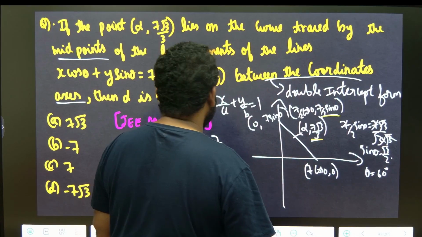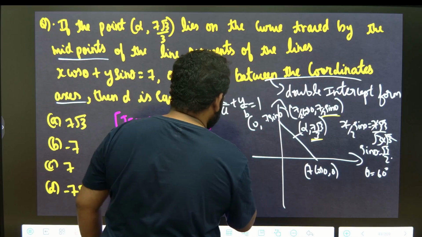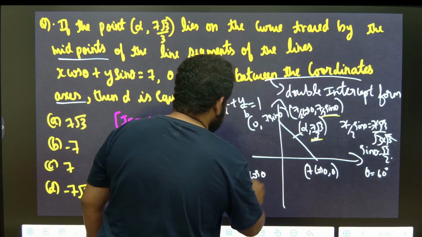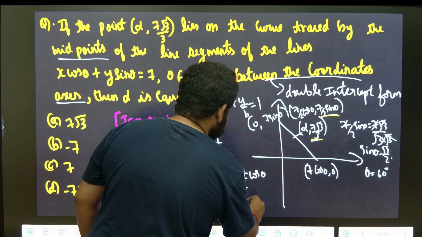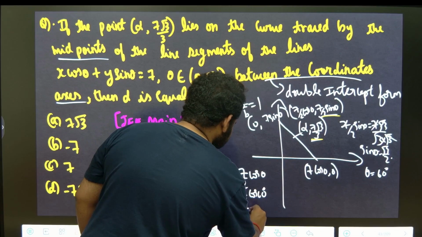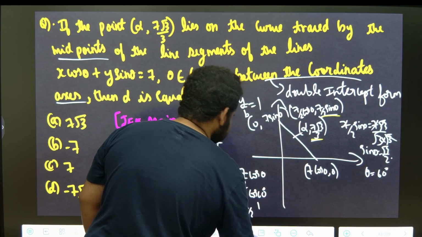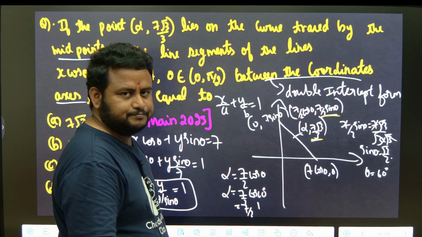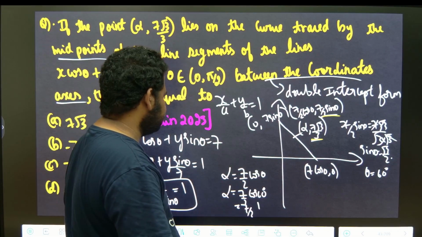Now, if theta is equal to 60 degrees, alpha is equal to how much? We need alpha. Alpha will be equal to 7 by 2 cos theta, that is, alpha is equal to 7 by 2 cos 60. That is nothing but equal to what? Cos 60 is how much? The value of cos 60.